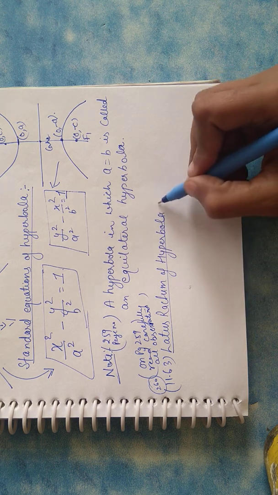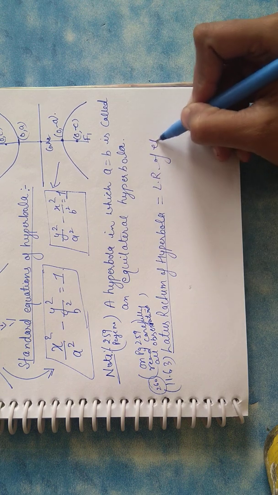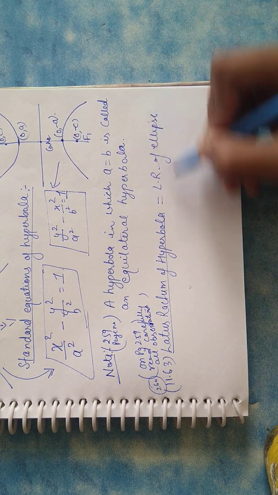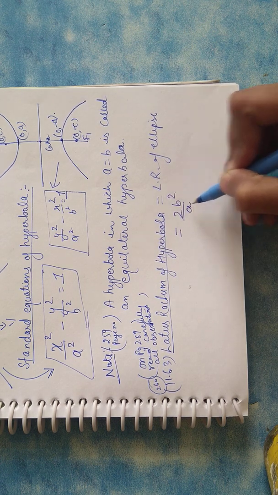Latus rectum of hyperbola is equal to latus rectum of ellipse, that is equal to 2b square upon a.